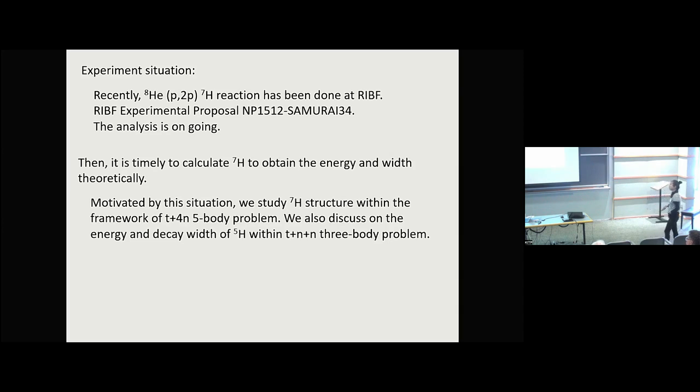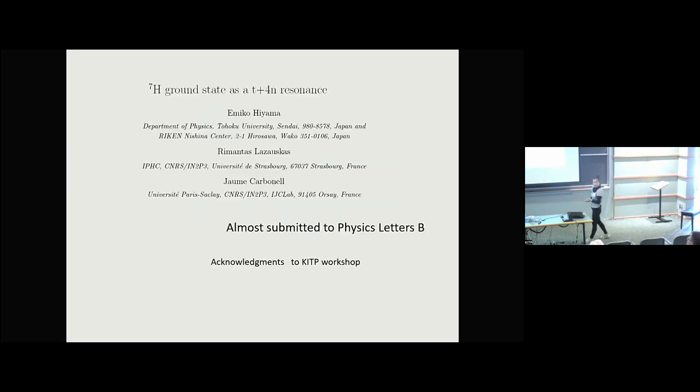Motivated by this situation, we study the hydrogen 7 structure within the framework of the triton plus 4n five-body problem. We also discuss the energy and decay width of hydrogen 5 within the triton plus 2n three-body problem. We have almost finished submitting this paper to Physics Letters B during this stay at KITP, so we should acknowledge the KITP workshop.